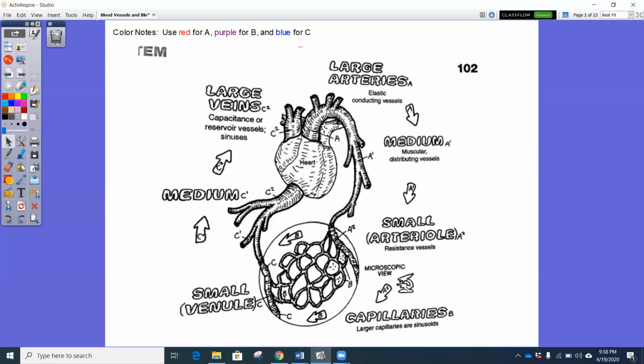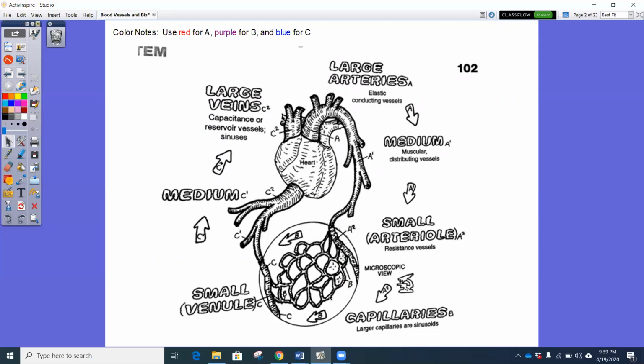Then they're going to become smaller arteries until we get to what we've called in class baby arteries. And those are arterioles. The arterioles are carrying oxygenated blood into this side of the capillary network, into the oxygenated side of a capillary bed, of a capillary network.